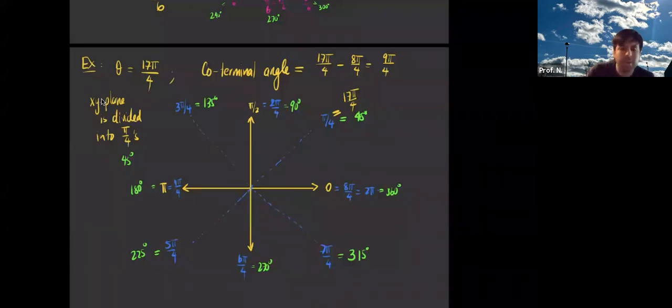But 9 pi over 4 is more than 2 pi. So I subtract by 8 pi over 4 again, and I get pi over 4. So looking at the diagram that we had set up before makes finding coterminal angles much simpler.